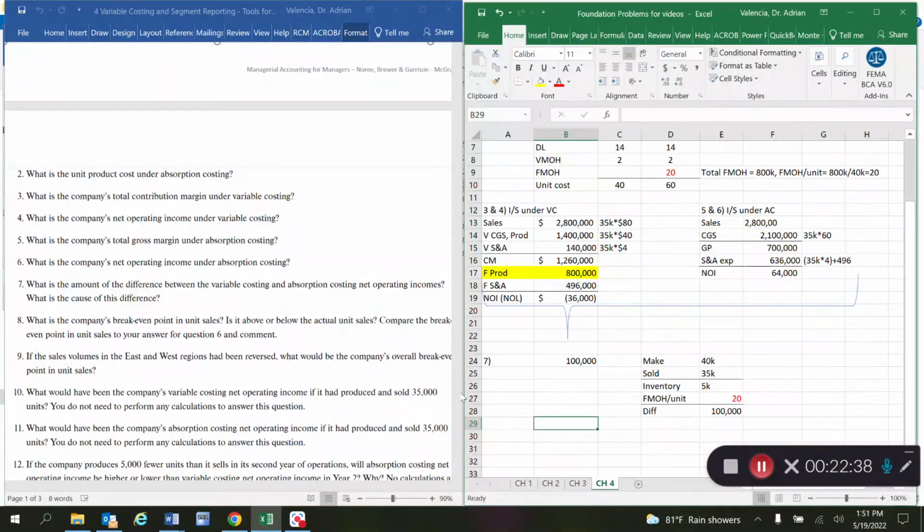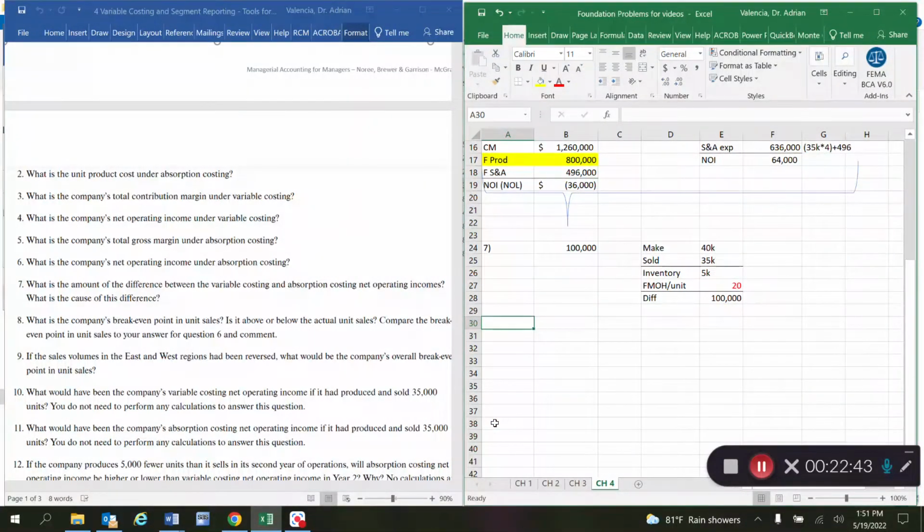Okay, so this is a good one, because what we learned in the previous chapter on cost, volume, profit analysis is about the break-even point, but more specifically, what we want to make sure we understand is that when we talk about those break-even points, it applies when we manufacture and we sell the same amount. And so, in a sense, the break-even point is descriptive of variable costing income statement. The break-even point will always explain to you how many units you need to sell under variable costing.